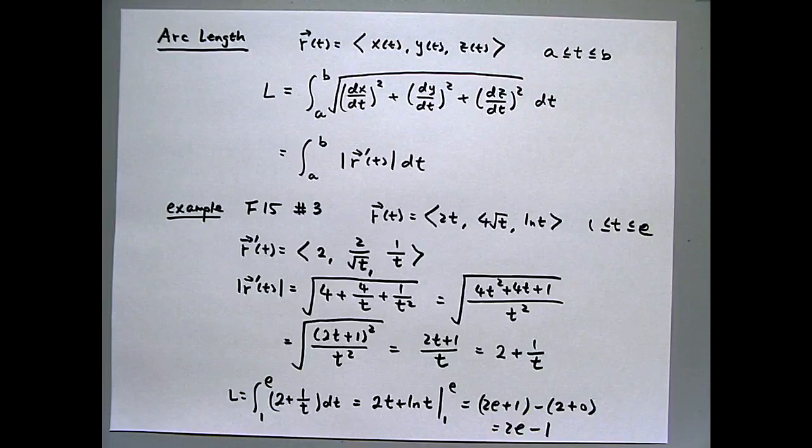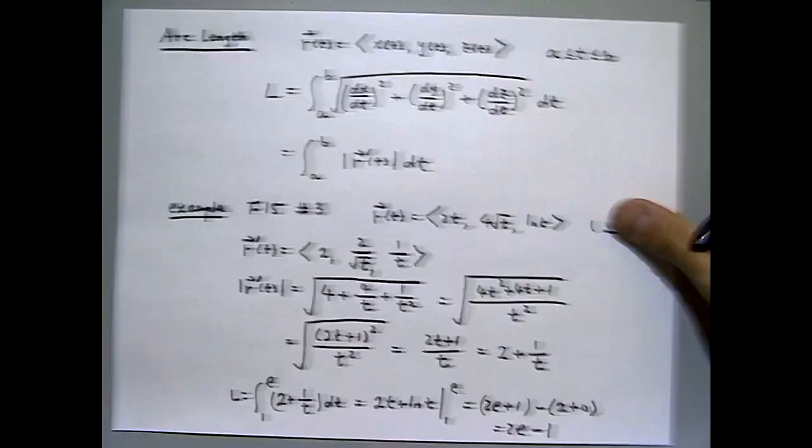Okay? And like I said, this is the kind of problem that you should be happy when you see it. This is very, very easy to do. This is 8 points in your pocket.